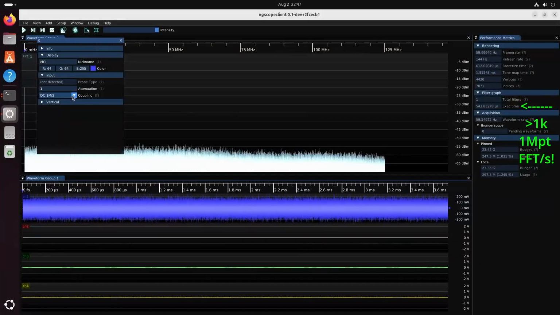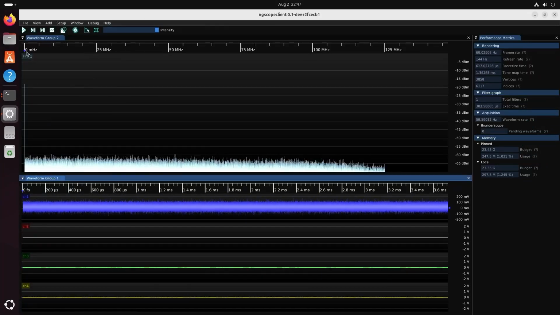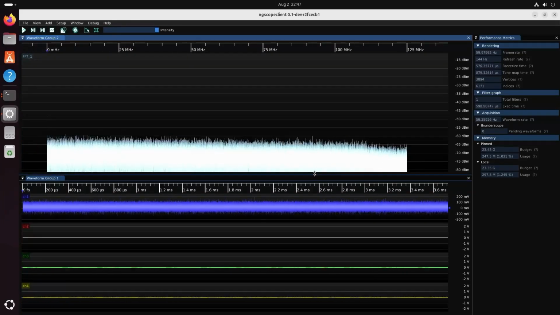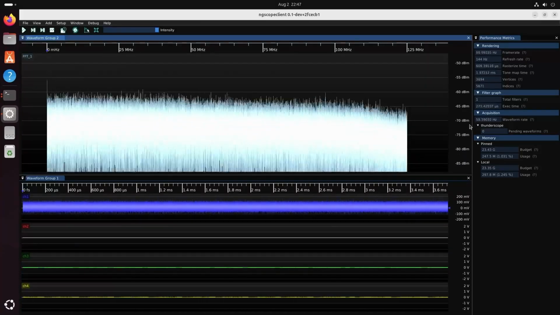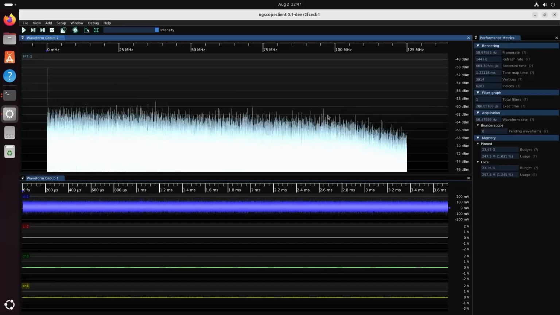Going to go direct connection, and then we're going to turn on 50 ohm mode, just so we can get a better look at the actual response, and we're not driving that input capacitance directly. And yeah, there you go. Let's zoom in some more.